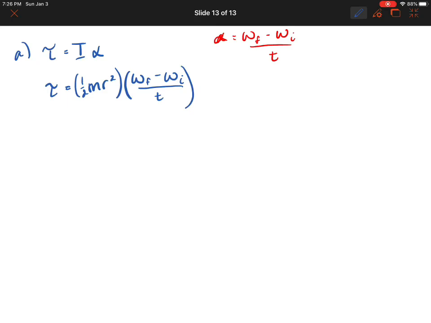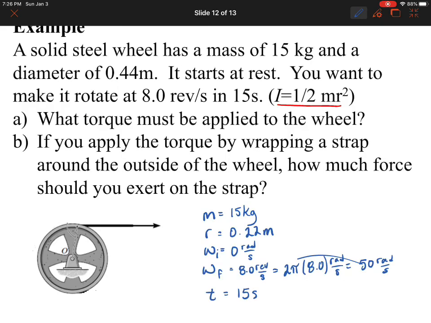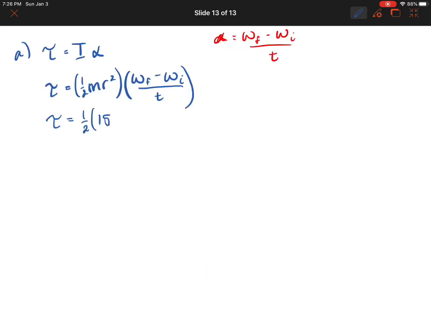So there we go. There's our rotational inertia, 1/2 mr squared. Our angular acceleration will be the change in angular velocity divided by time. Again, if you want to find those separately first, you can. Now, I need to remember everything. So that's 15 kilograms. R is 0.22 meters.